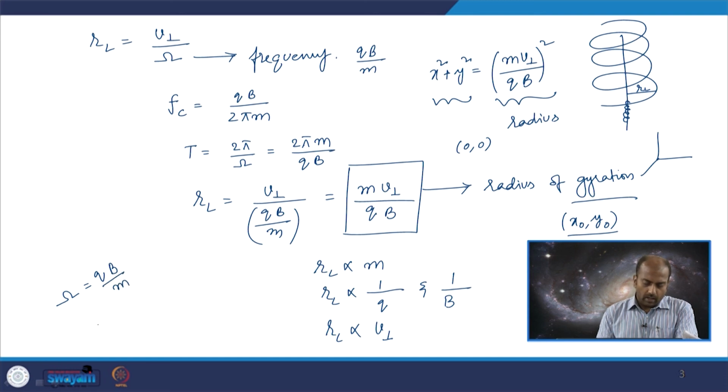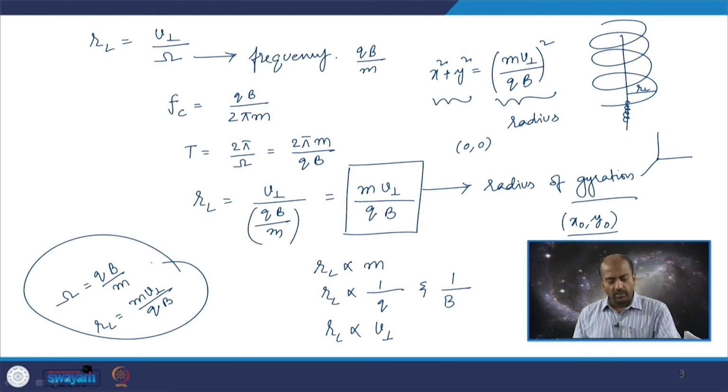These two are very important relations, in the sense that the mass of the particle influences the frequency of this rotation as well as the radius of this circular motion.